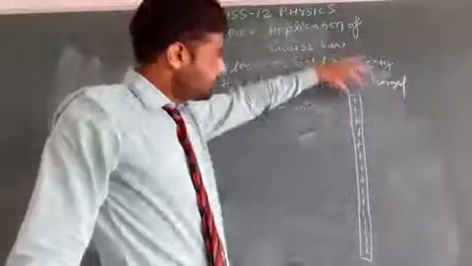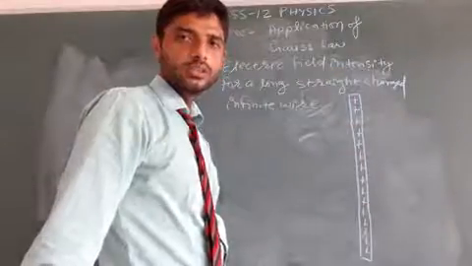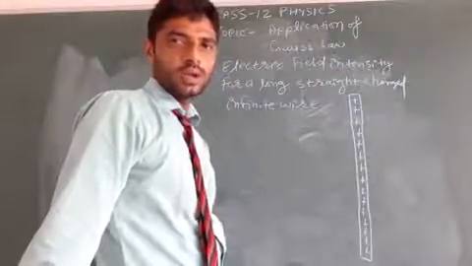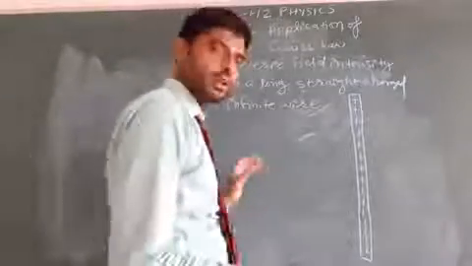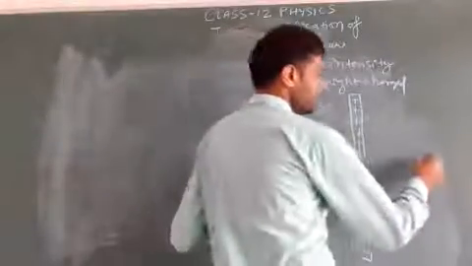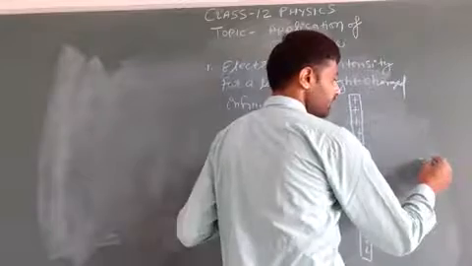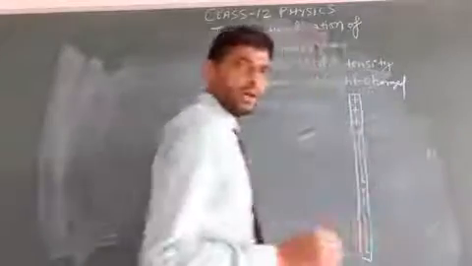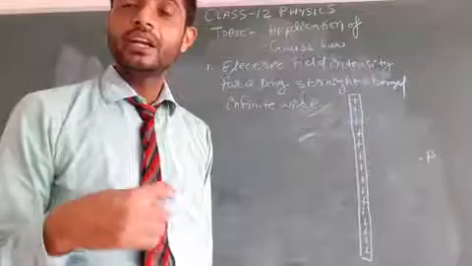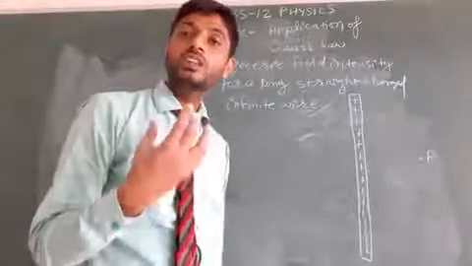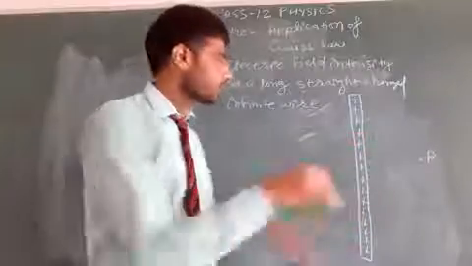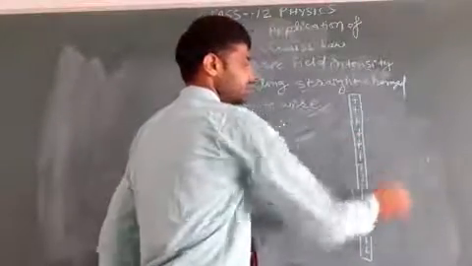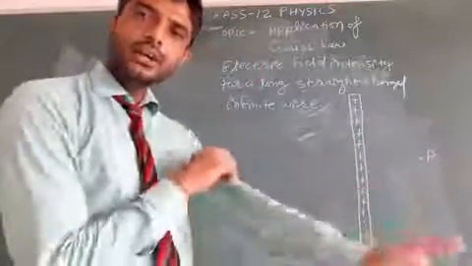So let this be a wire consisting of positive charge, and we have to find the intensity at point P. Let this be point P where we have to find the intensity, or you can say the strength of the electric field.